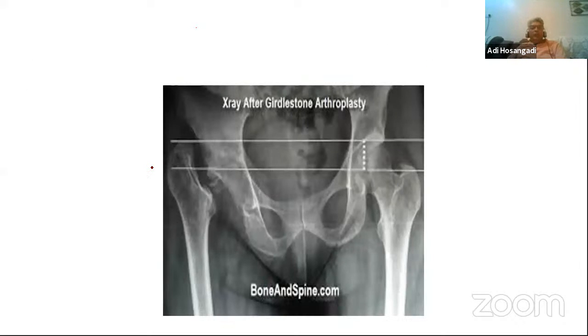I will explain what girdle stone arthroplasty is in this radiogram. See, I have not talked about the treatment of tuberculosis of the hip, which I will talk about in subsequent slides. This is one example I wanted to show: girdle stone arthroplasty, also called excision hip arthroplasty.